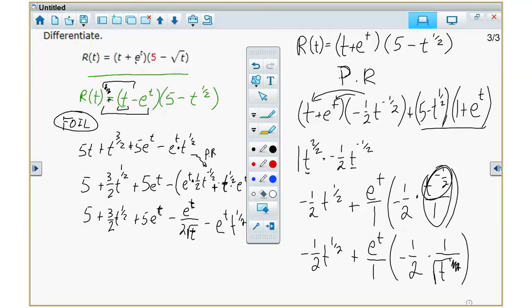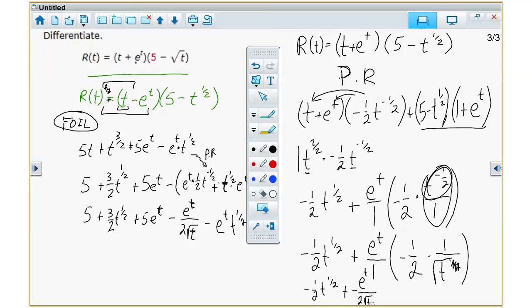And now there's your 2 square root of t. See it? So that'll give us negative 1/2 t to the 1/2 power plus e to the t times 1, and that negative's there, so that's negative e to the t over 2 square root of t. And that's that part.